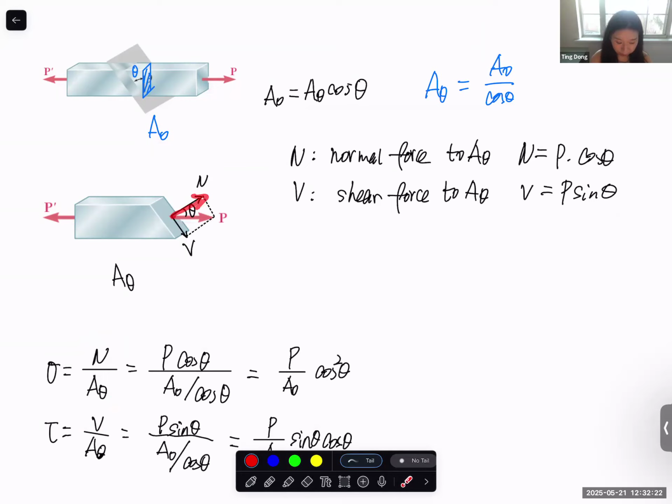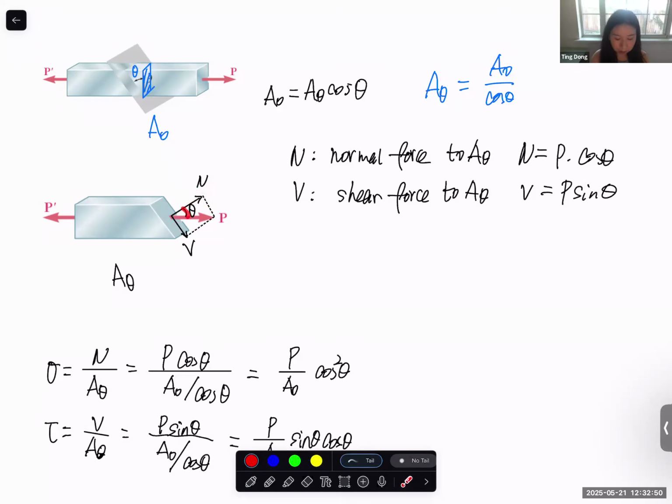Be very clear, our definition of theta here is between the actual direction of a structure and the normal direction of a plane. How we define the plane direction is the normal vector of that plane. That's why when we say positive x plane, it is a plane whose normal vector is in the positive x direction. Negative x plane means it's a plane with the normal vector in the negative x direction. Same thing, this is the normal vector of the plane.